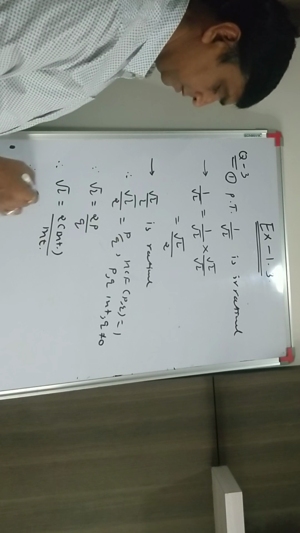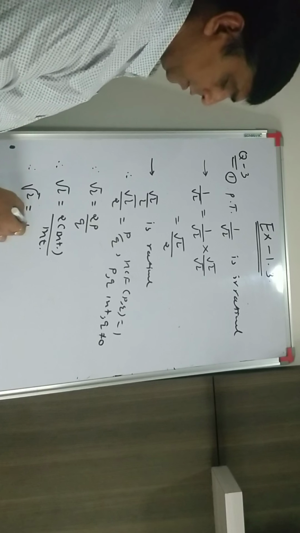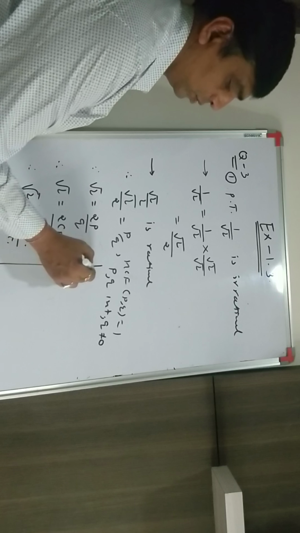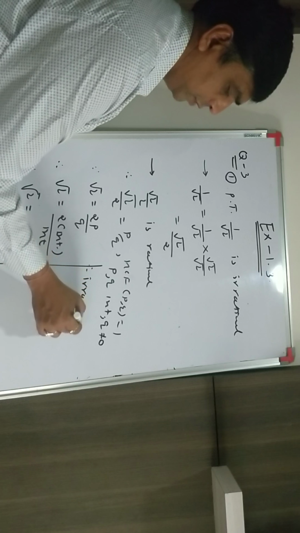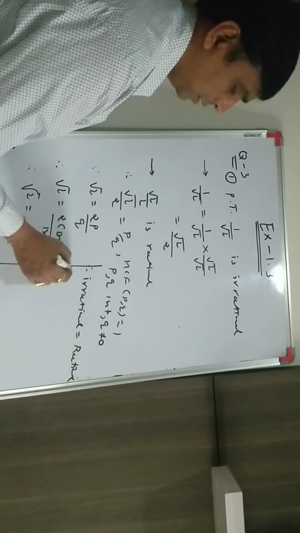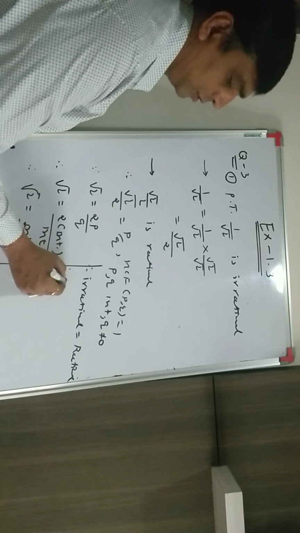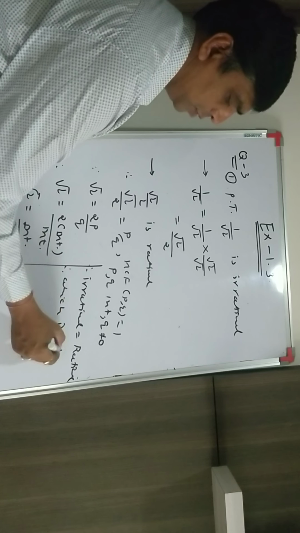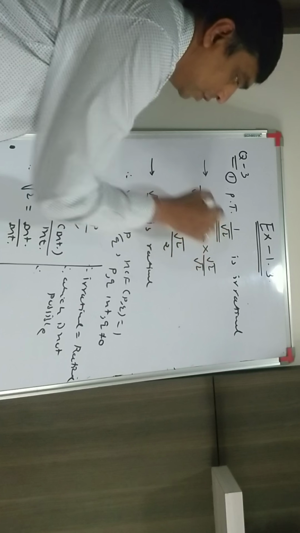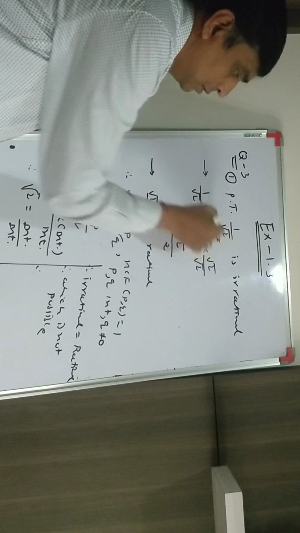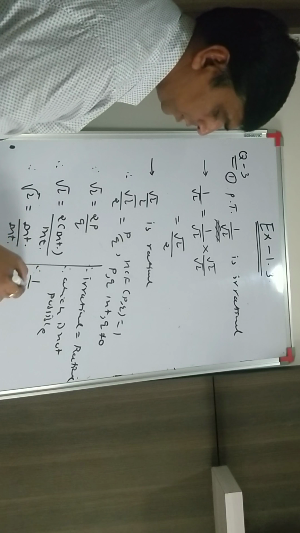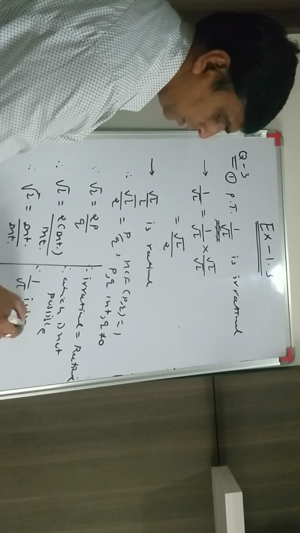So what we get? Root 2 equals integer upon integer. Root 2 is irrational, we know that. Integer upon integer, that is rational. And therefore our supposition, which is not possible. And therefore our supposition that 1 upon root 2, that is root 2 by 2, is rational is wrong. And therefore 1 upon root 2 is irrational.